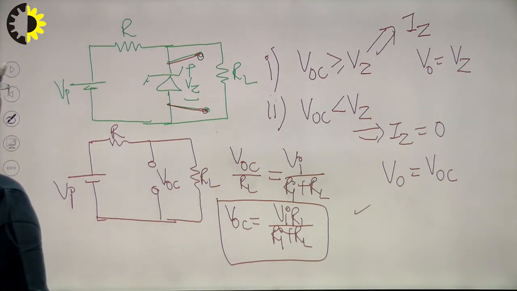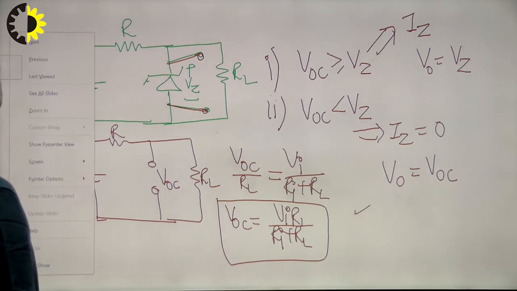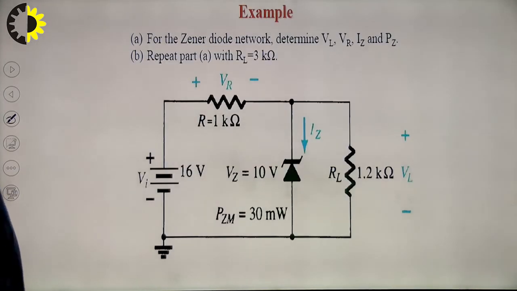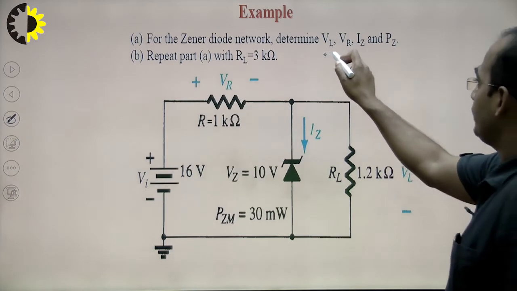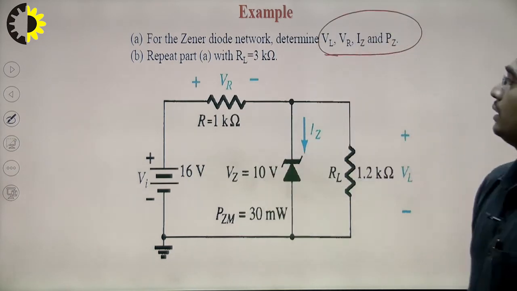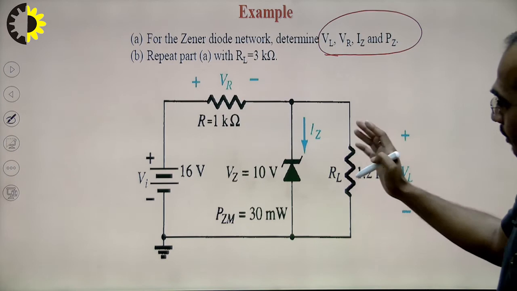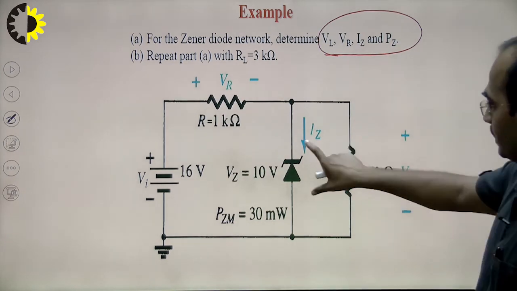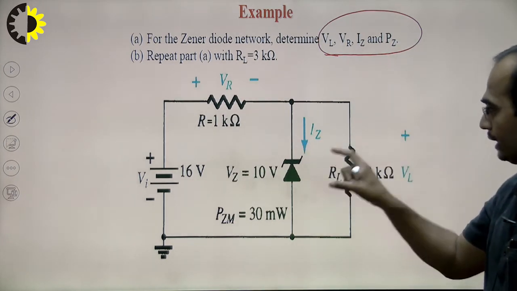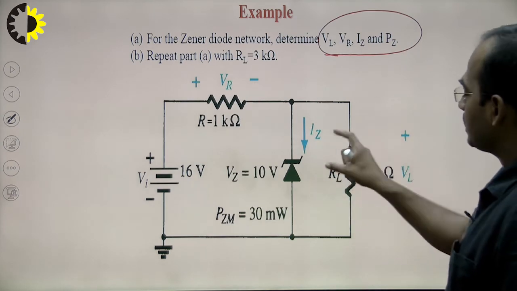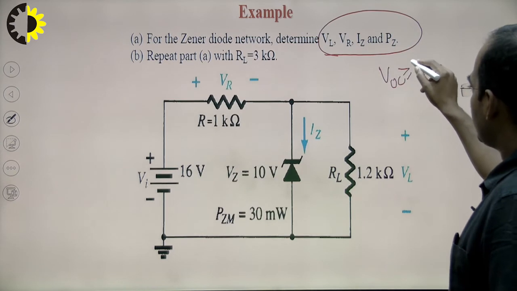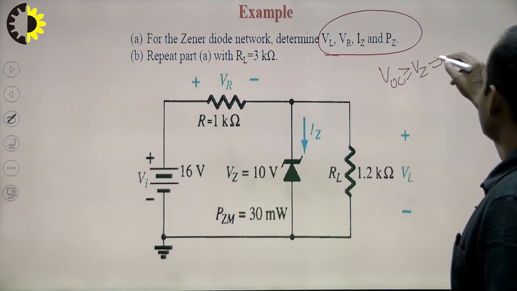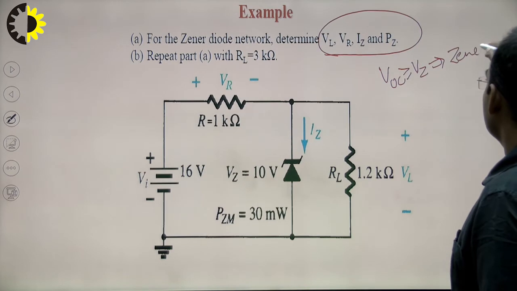So I am going to discuss one numerical related to the Zener voltage regulator, related to the Zener diode. This is the question in which a Zener diode network is given and you have to find the value of VL, VR, Iz and Pz in case 1. First of all, I have to remove this Zener diode and find the open circuit voltage. The condition is the same: if the open circuit voltage is greater than or equal to Vz, in that case Zener is conducting, and V0 will be equal to VZ.